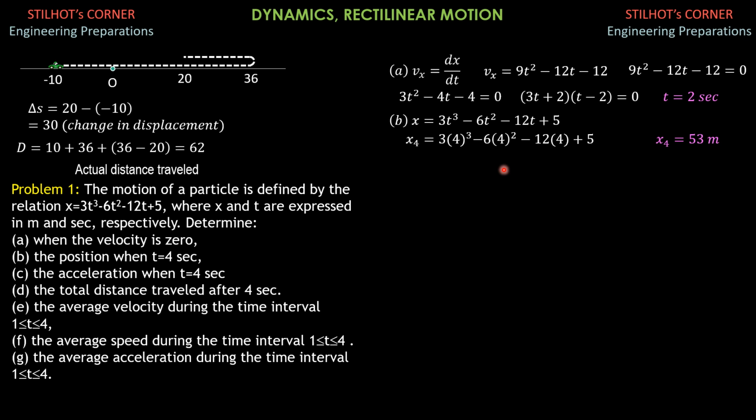That means when t is 4, the particle is 53 meters to the right of the origin. By the way, when t is 2 seconds, the particle changes direction.